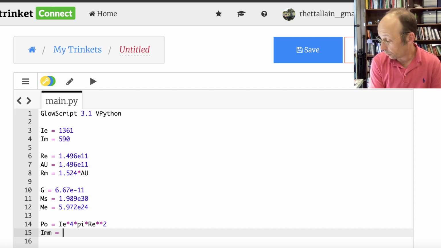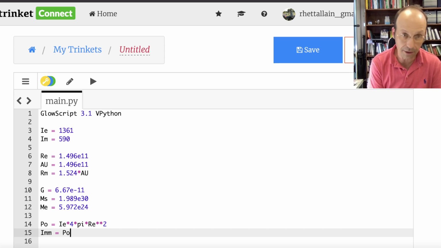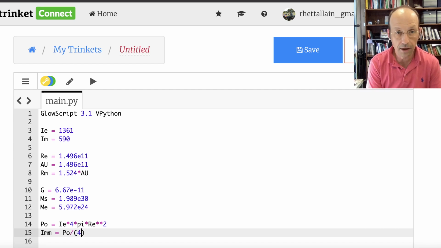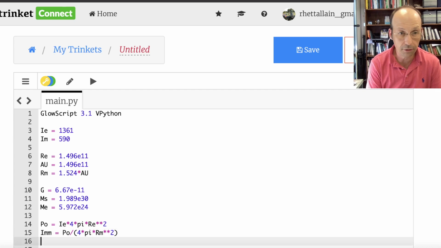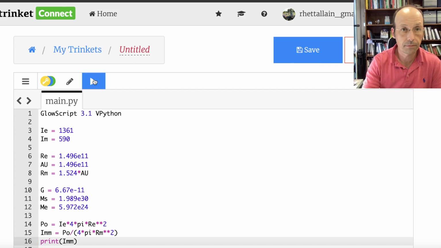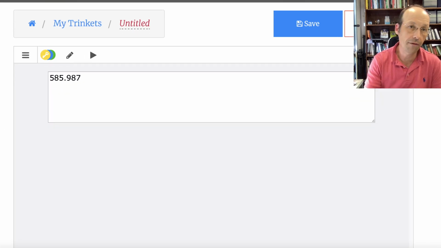It's going to be just PO, which I just calculated. This is what's so great about Python. I don't have to solve for stuff. Times 4 times pi times RM squared, and let's print that. Print IMM. And I get 585. So I'm pretty happy with that. It seems like it's working.